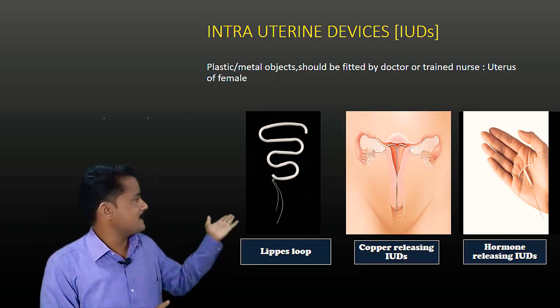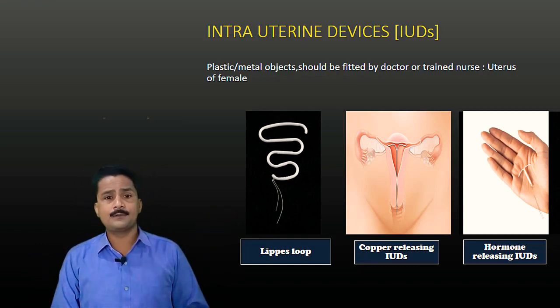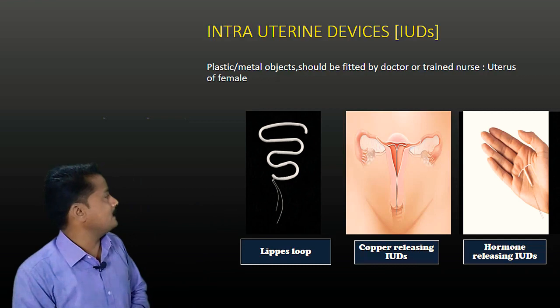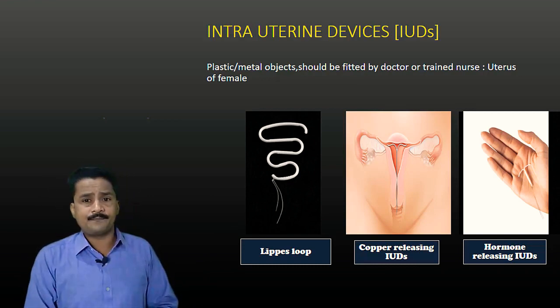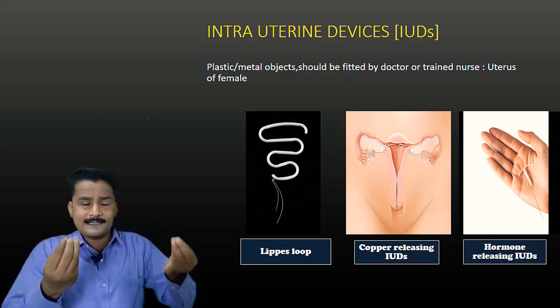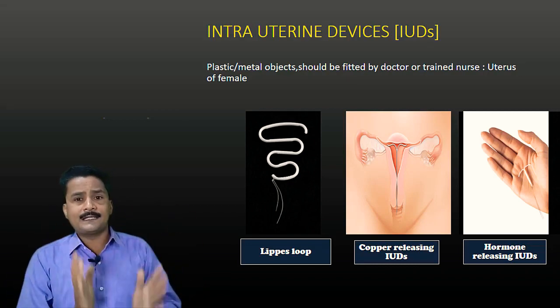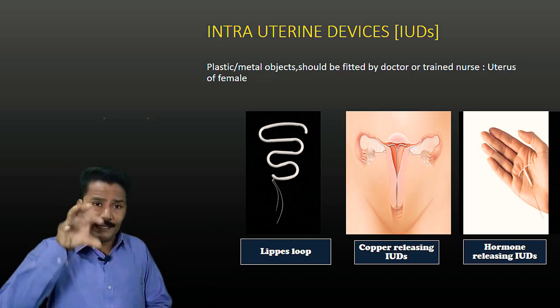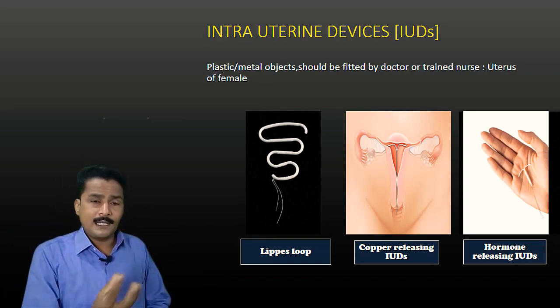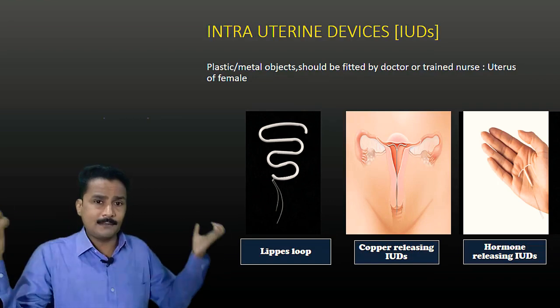Generally among these devices, the first one is the Lippes loop. You can observe the diagram of the Lippes loop. The Lippes loop is a double S-shaped loop, and it is responsible for stimulation of the macrophages. When it is fitted in the uterus, it stimulates the macrophages present in the blood cells.